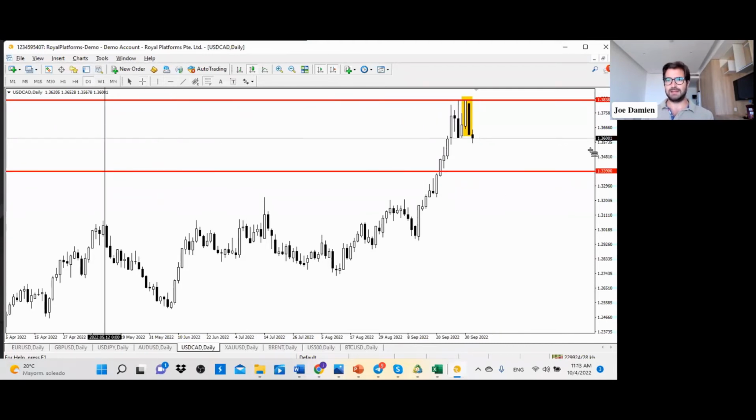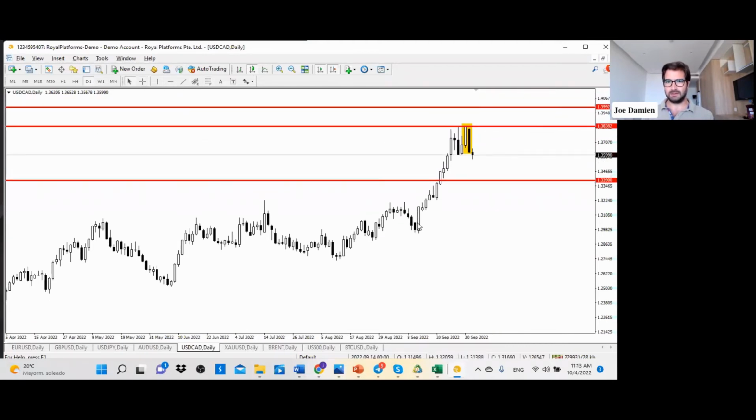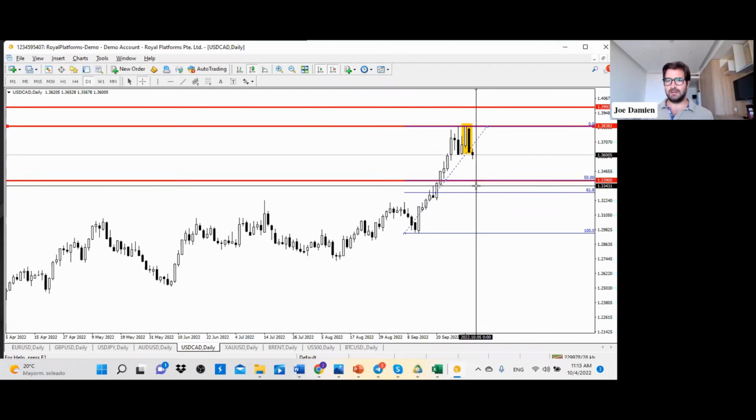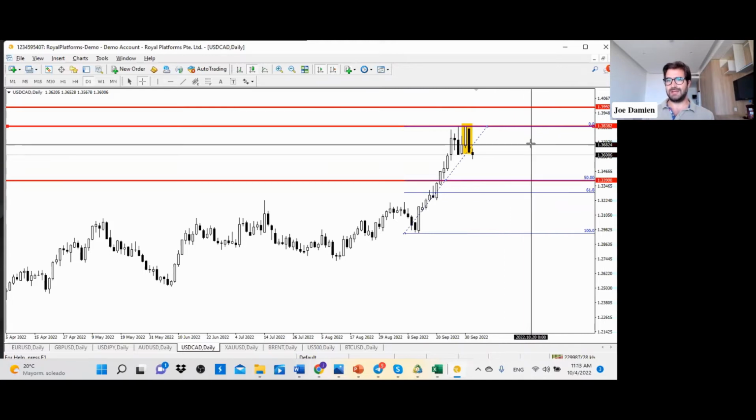Let me see if there is any significant retracement level here, maybe 50. I'm not sure. Yeah, we have the 50% retracement level just at this support. So most probably the market will move to the downside here, and then we should start to think of buying the USDCAD all the way up to this level again, 38.35.